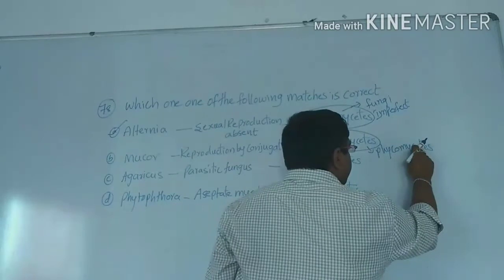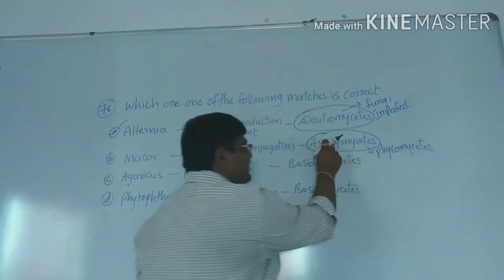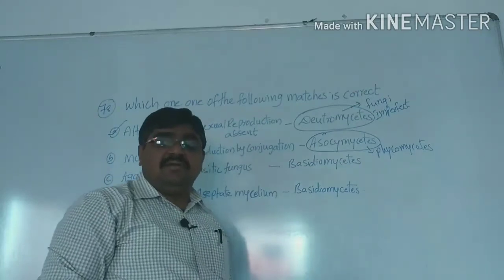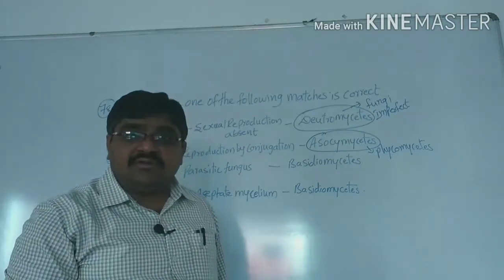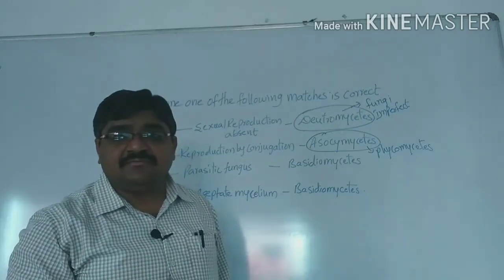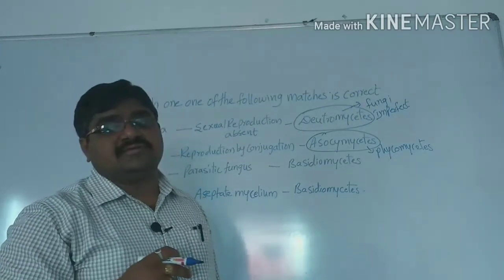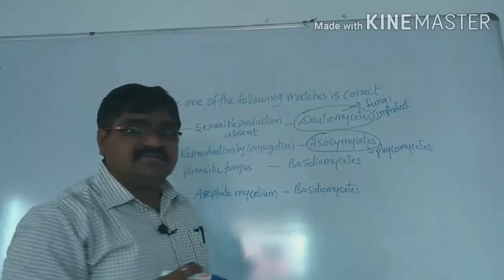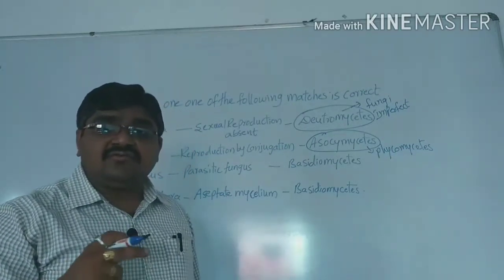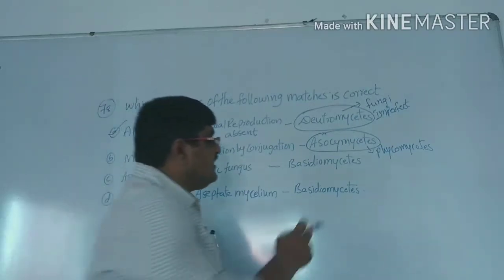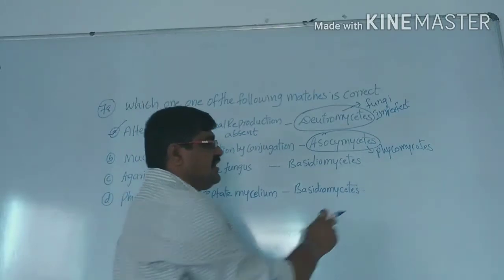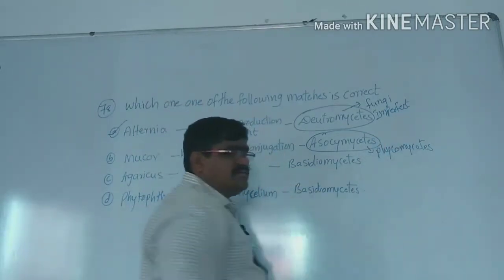If it is Phycomycetes, it is correct, but here it says Ascomycetes. In Ascomycetes, both asexual and sexual reproduction take place, and sexual reproduction is by ascospores. So here it is a wrong option, a wrong answer. If it is Phycomycetes, it is a correct answer.